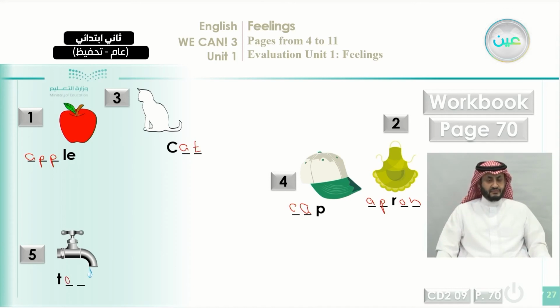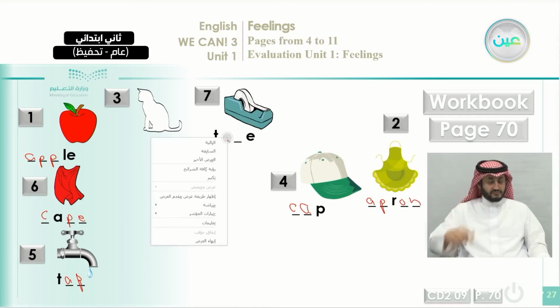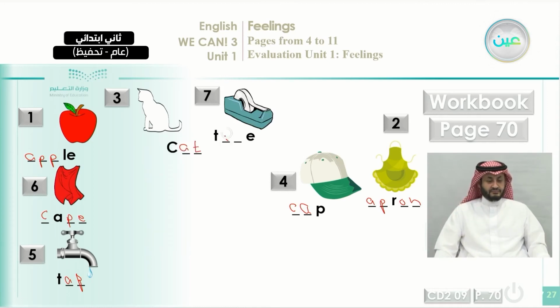It's T A P. Tap. Okay. And this one, what do you call it? Cape. C, A, P, E. And number 7, you can tell here, it's a tape. T, A, T.